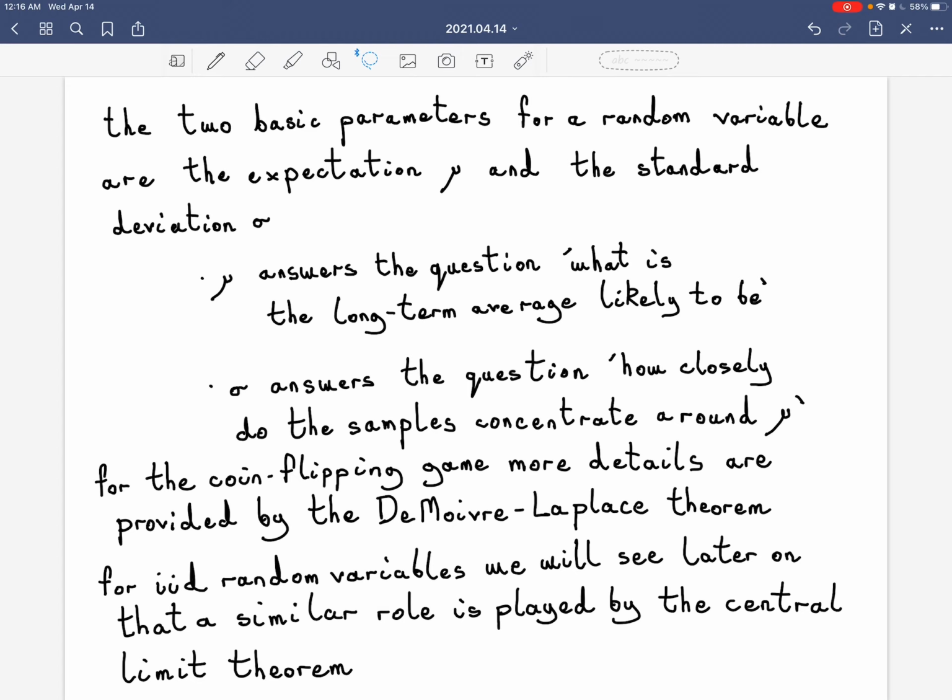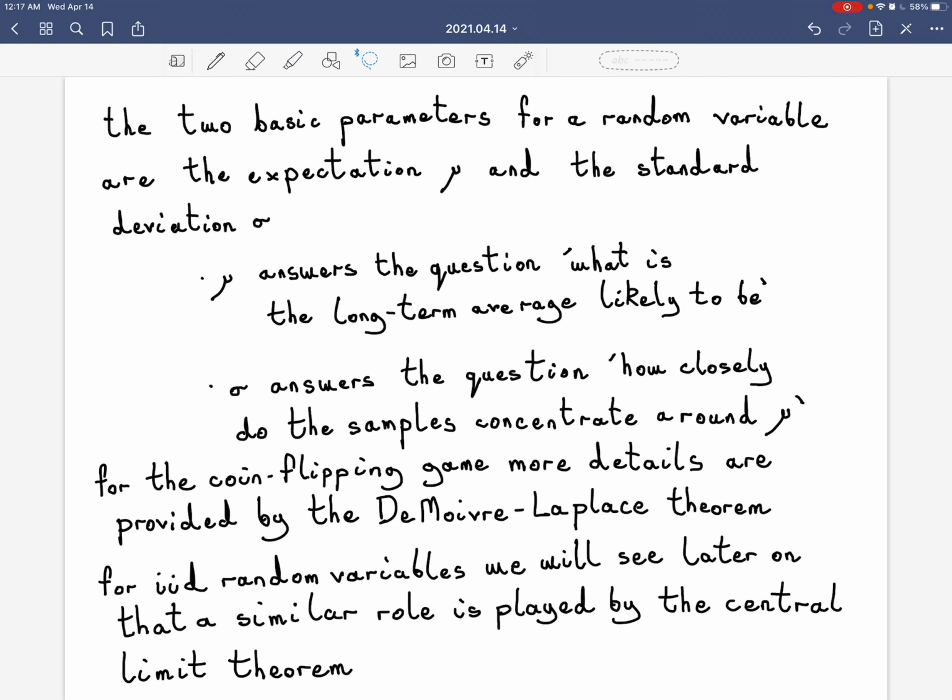And a large sigma tells you that there's like half the cells which substantially underestimate mu, and half the cells which substantially overestimate mu.